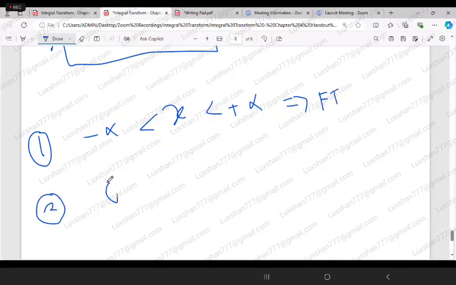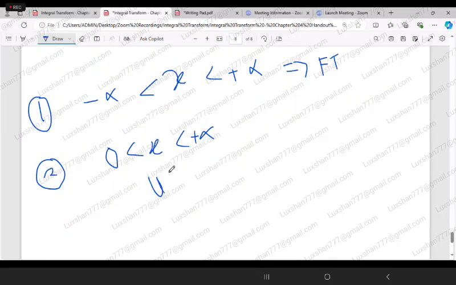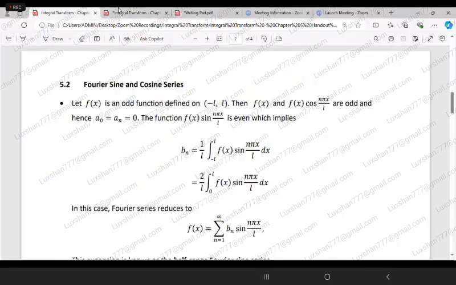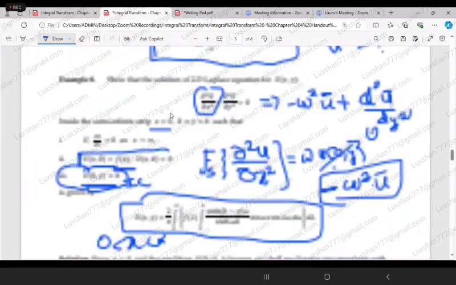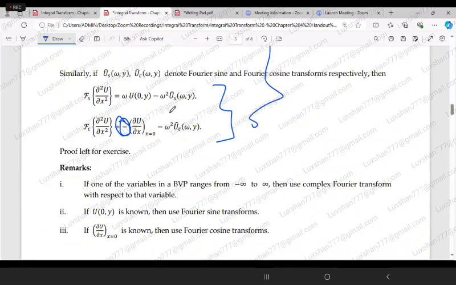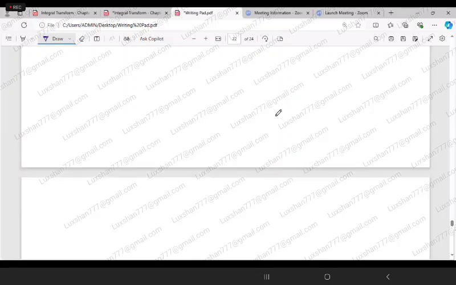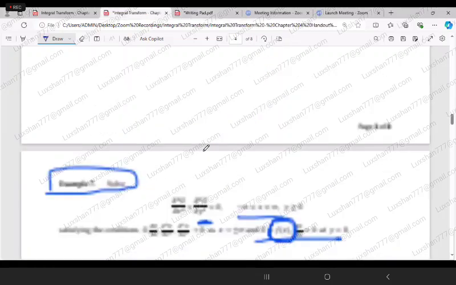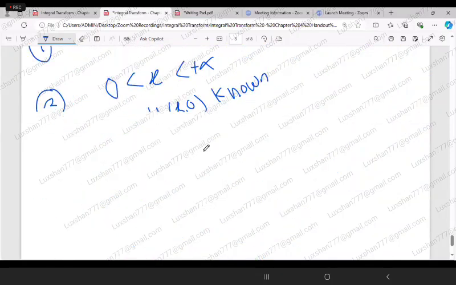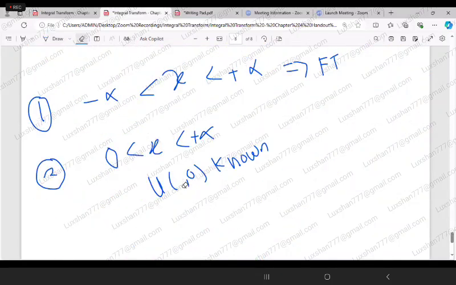Second one: 0 less than x less than plus infinity, and u(x, 0) is given, or u(0, y) is given, then use the Fourier sine transform.